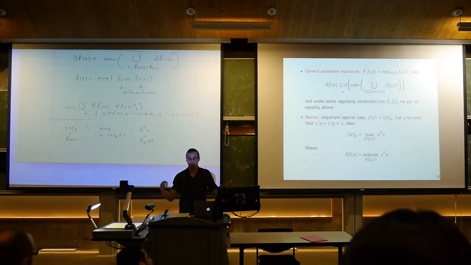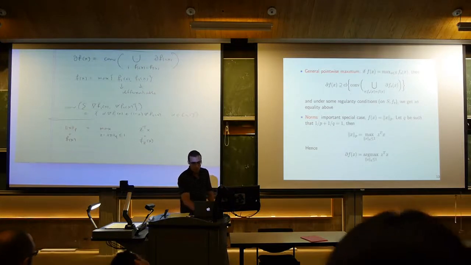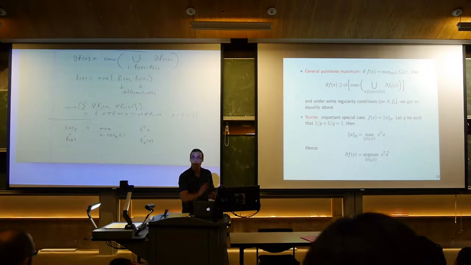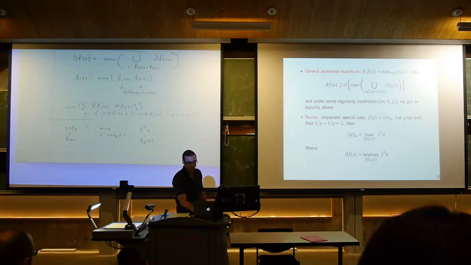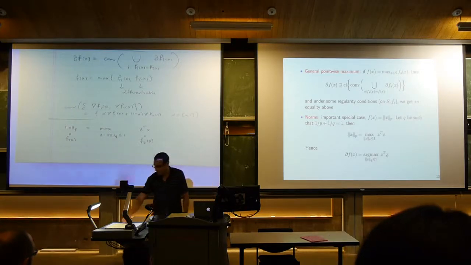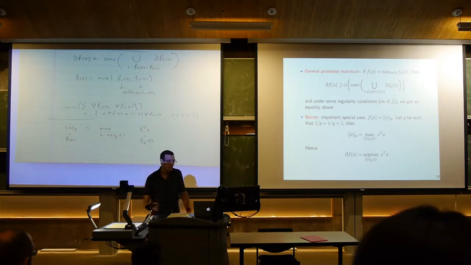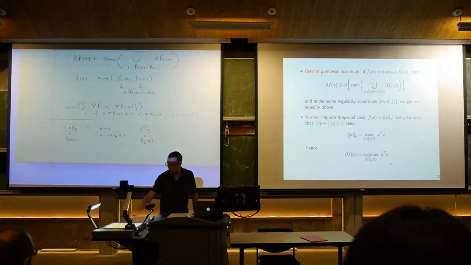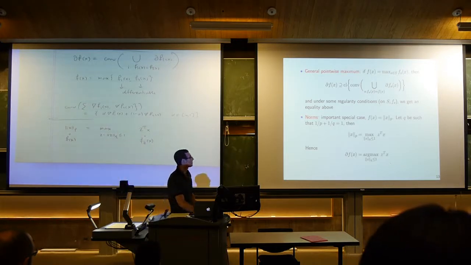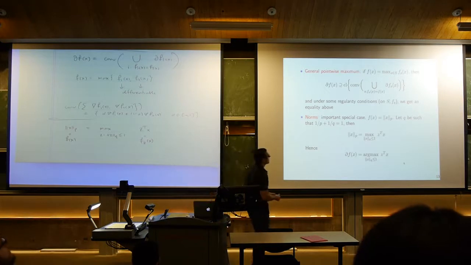And that gives me the set of subgradients. But if you work through that, you get nothing more than just all points z that maximize this inner product over the set. Because the subgradient is z, and because this is linear, doing the convex hull and the closure do nothing. So it doesn't give you anything more.